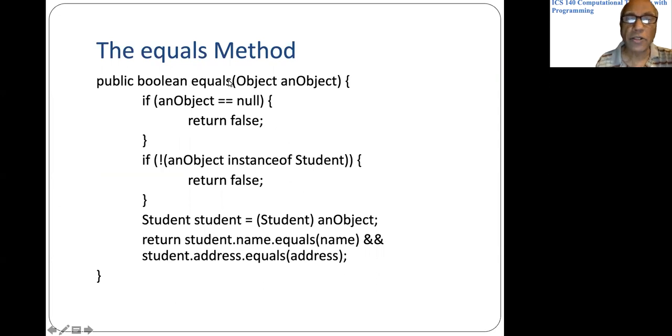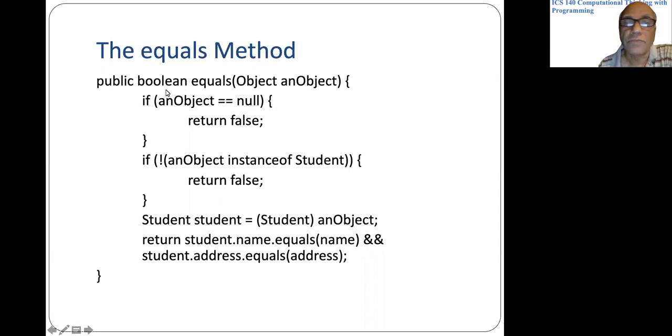So this would be one way of coding the equals method for a Student class. For example, if you want to compare whether a given object is equal to a Student object, you first check if the parameter to the equals method, which is always of type Object, is equal to null.